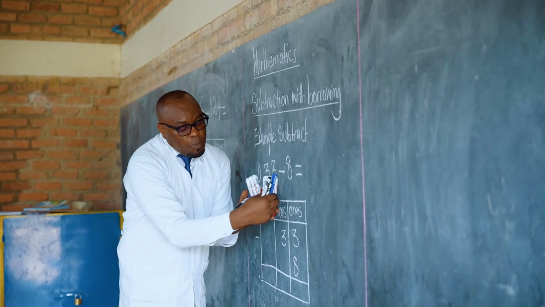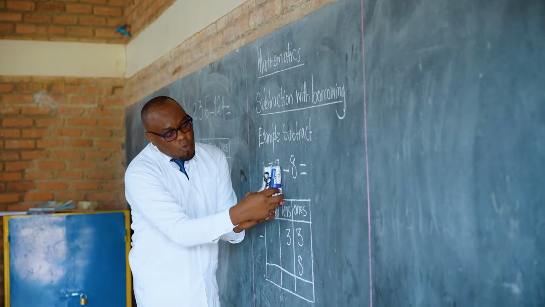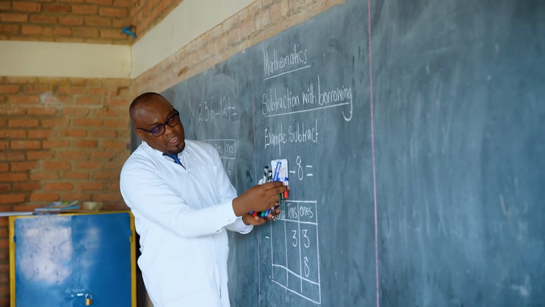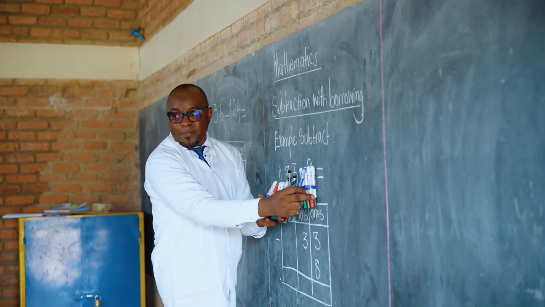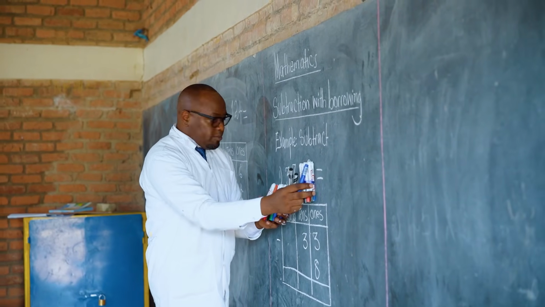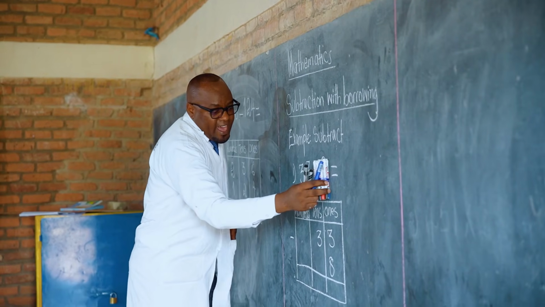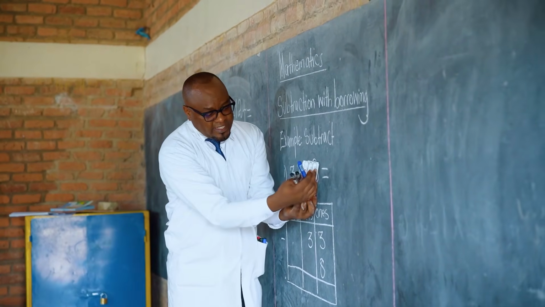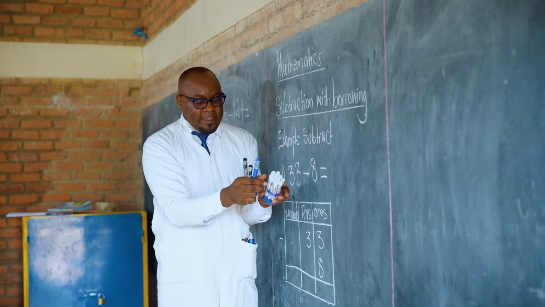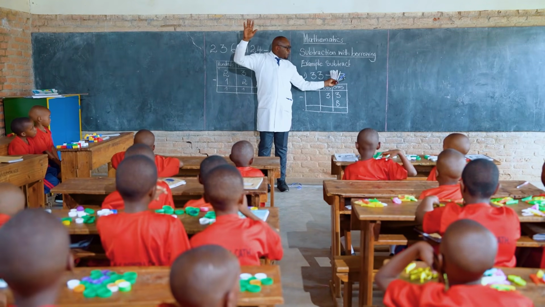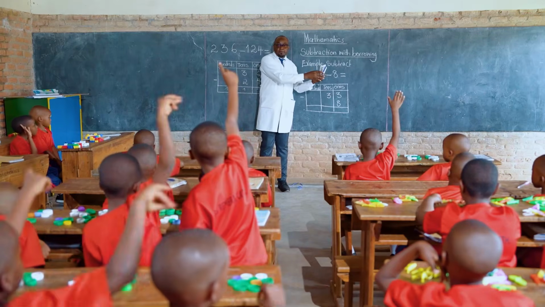Then I need more. Let me borrow 1. 1 is going to move from here to the other side. You see, when it comes here, it will find there all these. Then I'm going to put them together. Who is going to come and help me to count them, all of them together?